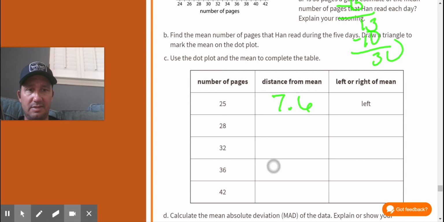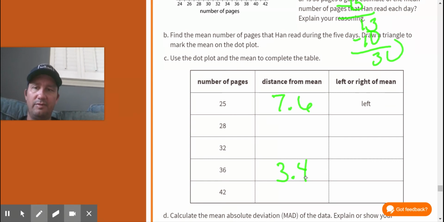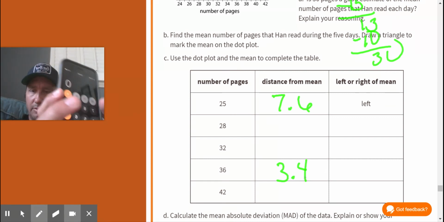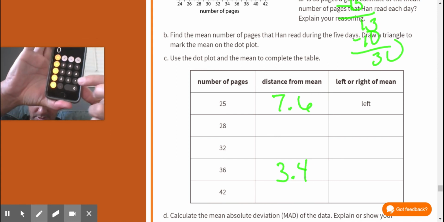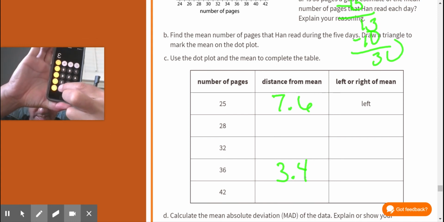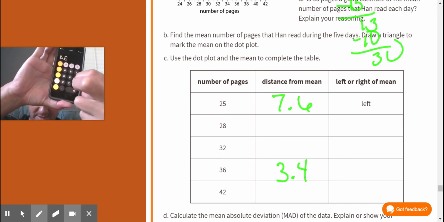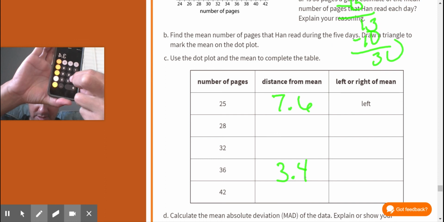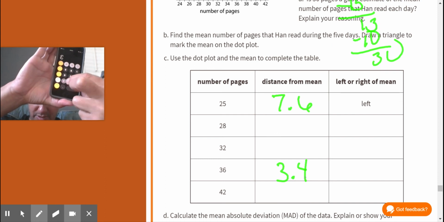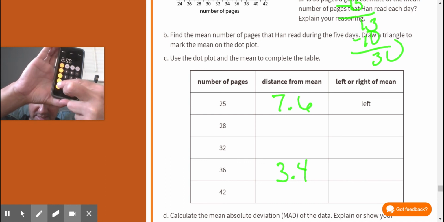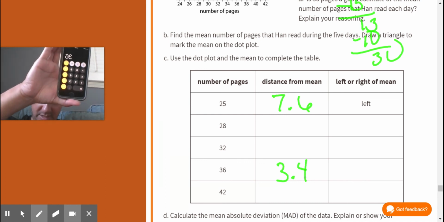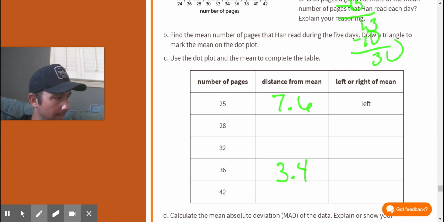I'm not going to put the negative, it just means this is 3 and 4/10 away from it. And I can prove that by just taking 3 and 4/10 and adding it to 32 and 6/10 to get 36. That's hard to do backwards.